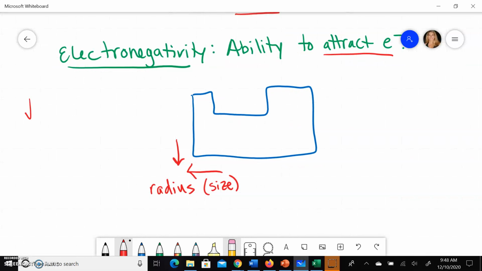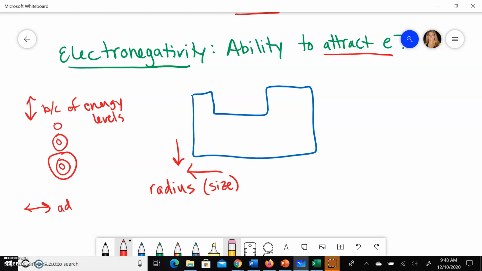Just as a side note, any of the trends up and down has to do with energy levels. Remember, we add energy levels going down, which is why they get bigger. And then the horizontal trends are because of adding protons as you go left to right.